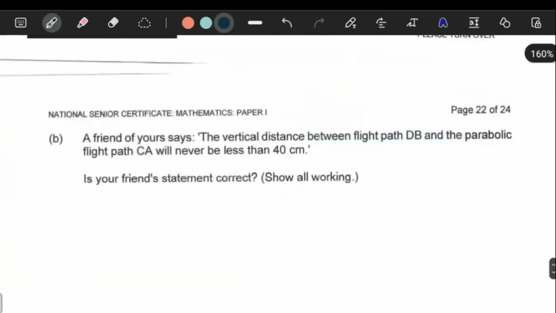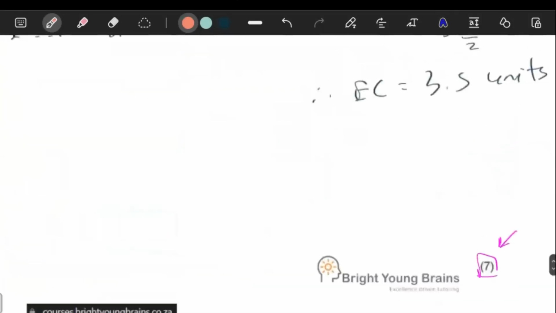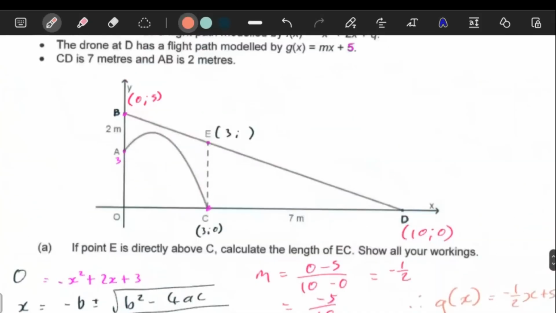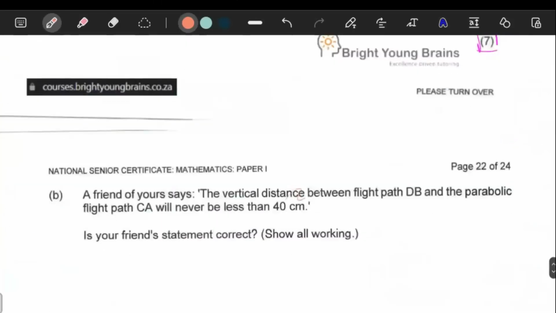This next question says a friend of yours says the vertical distance between flight path DB and the parabolic flight path CA will never be less than 40.